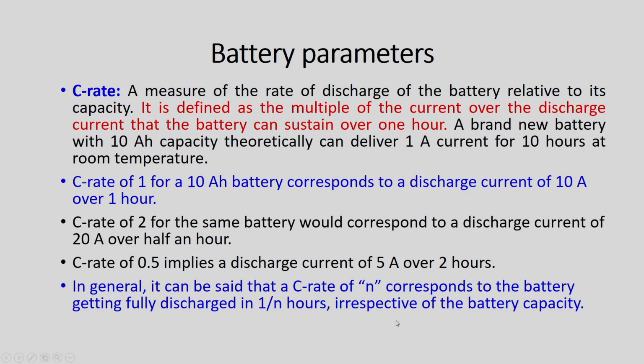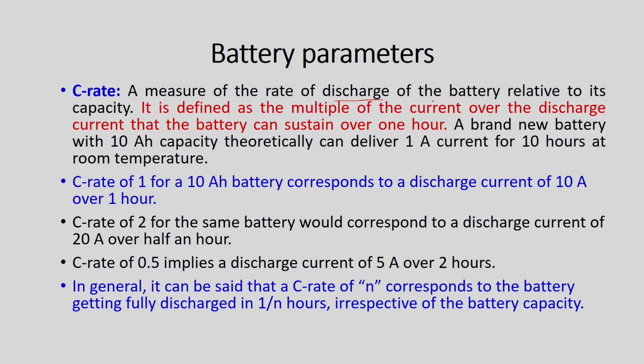Now, one more very important parameter called C rate. This C rate is a measure of the rate of discharge of the battery relative to its capacity, right. It is also defined as the multiple of the current over the discharge current that the battery can sustain over 1 hour.